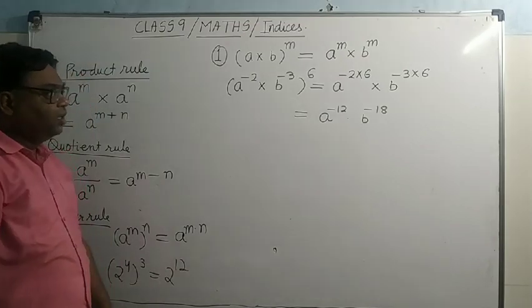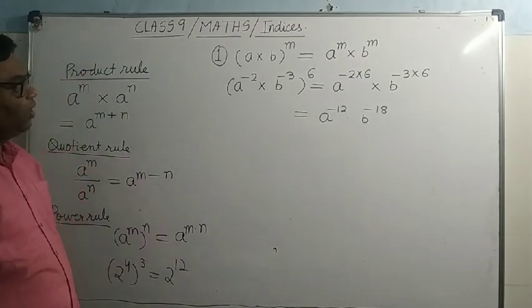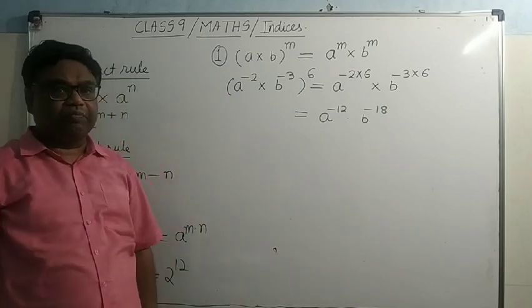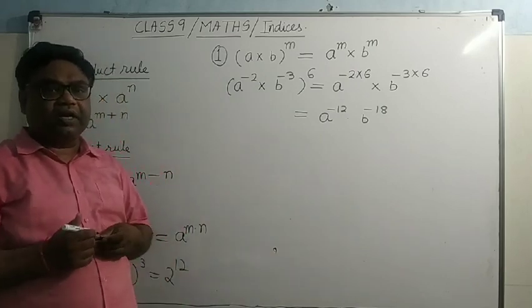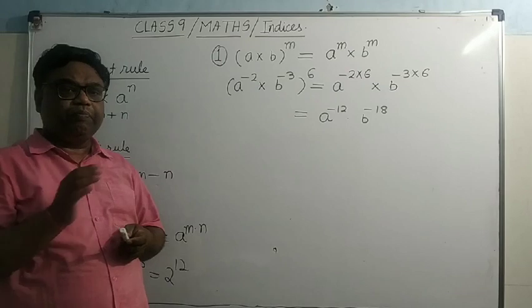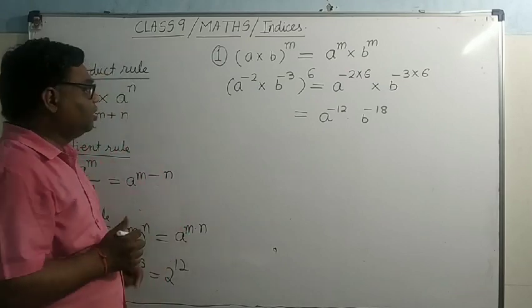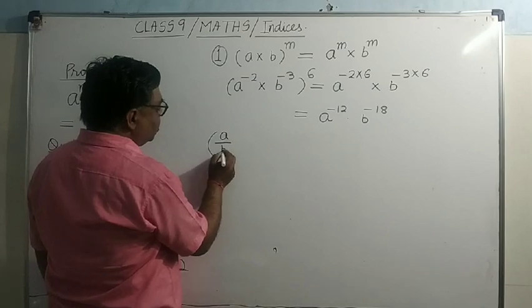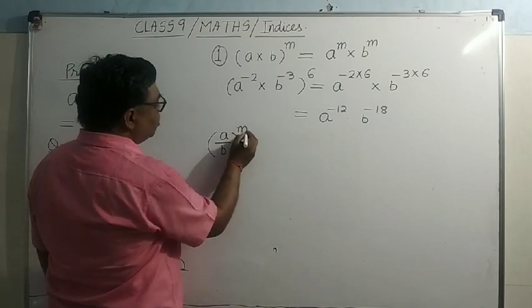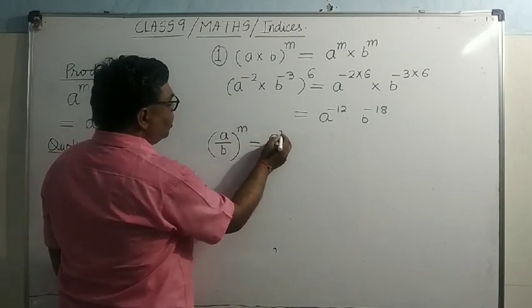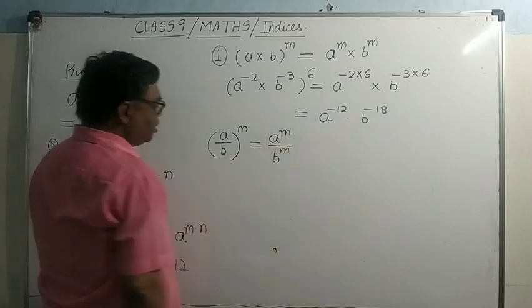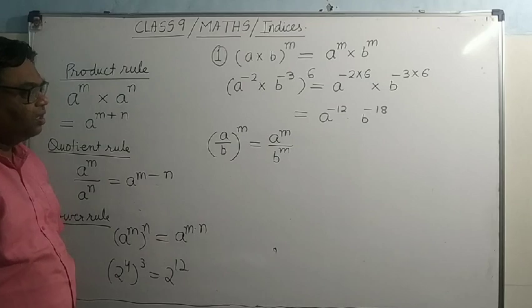Is it clear? So what will happen if there is a common power on all the numbers? On opening the bracket, the same power will be reached over all the numbers. Suppose it is a upon b whole to the power m, what will you write? A to the power m upon b to the power m. Is it clear?